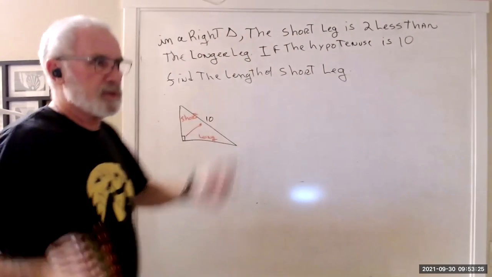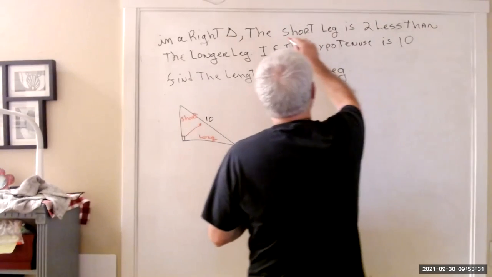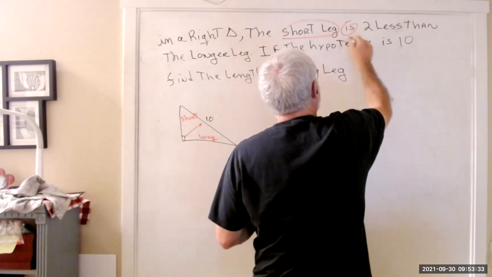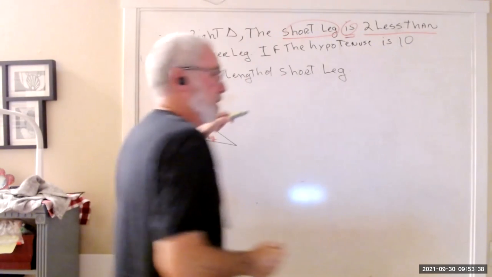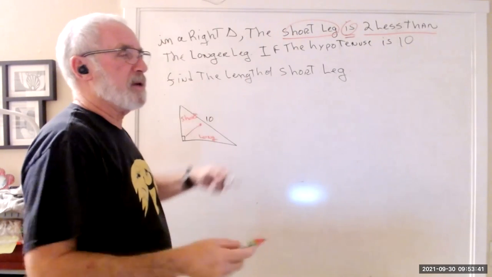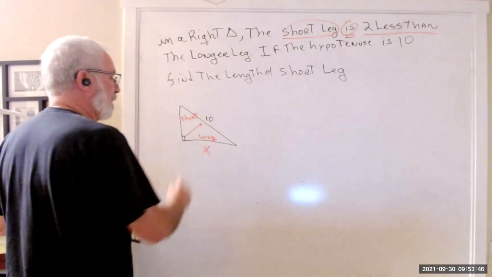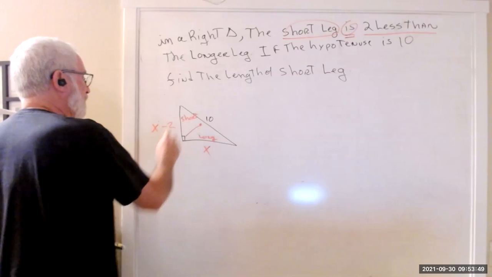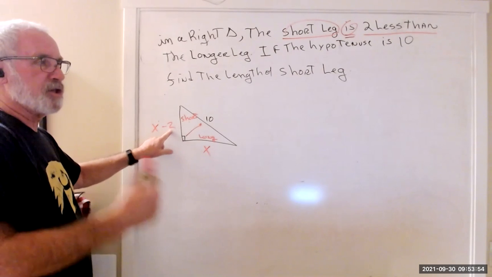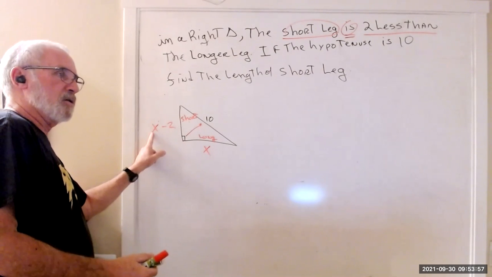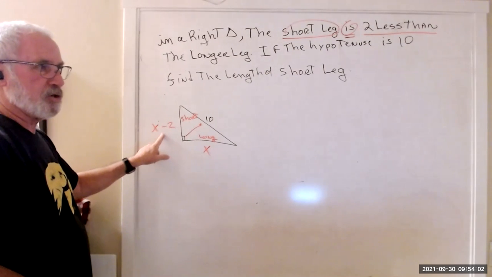But here's the key. The short leg is 2 less than the longer leg. Well, less than means subtraction. So if this is the longer leg, x, this has to be the shorter leg, x minus 2.